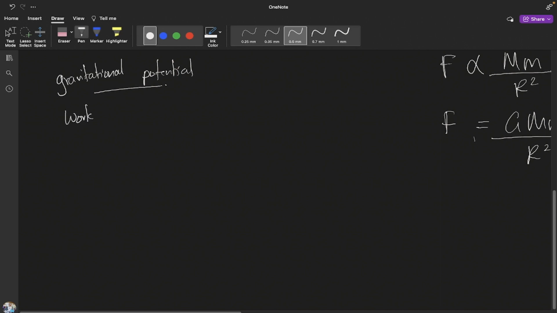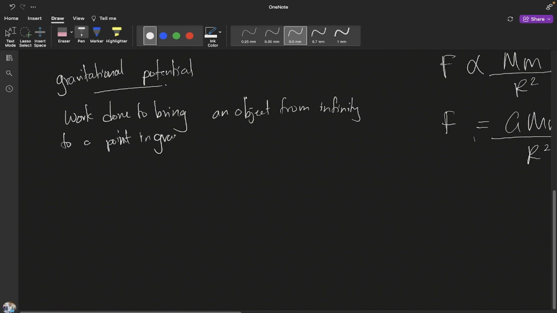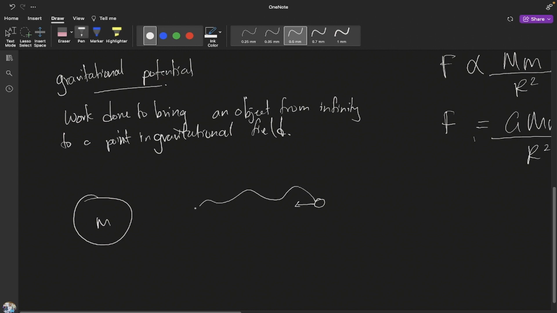The definition of this is given by the work done to bring an object from infinity to a point in the gravitational field. So we have our object capital M, and we have the other object, and we do some sort of work to bring it from infinity to a certain point in the field.